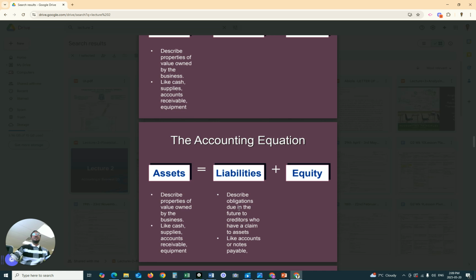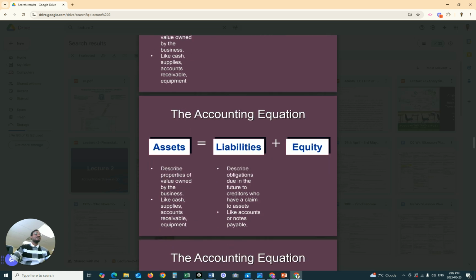The ones that are to be paid in the nearest future, within the next 12 months, are called current liabilities. The ones that are to be paid at a later time, like after 1 year, are non-current liabilities, like long-term loans. That's an example of a long-term or non-current liability.